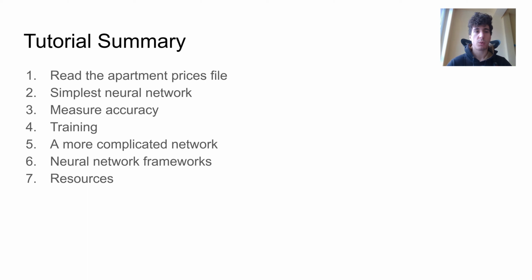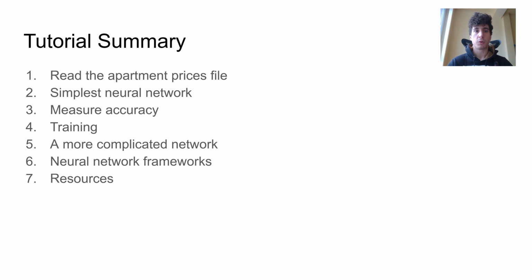So in this tutorial we'll have 7 steps. The first step is to read the prices from the table. The second step is to try out a simple neural network. Then we'll measure the accuracy of our network to see how good it is at estimating the price. Then we'll see how we can improve the accuracy. How can we make the estimator better, closer to the actual prices?